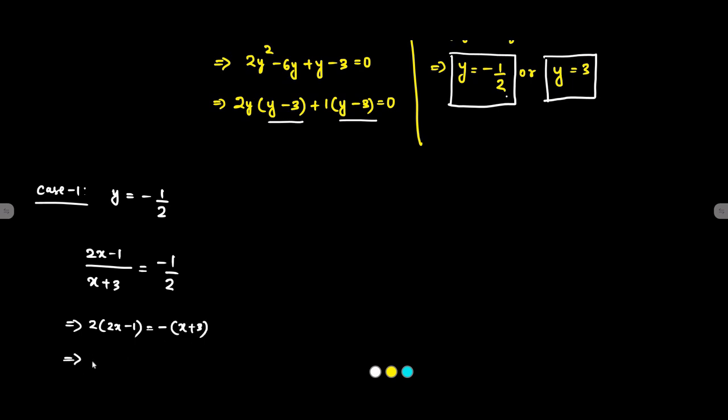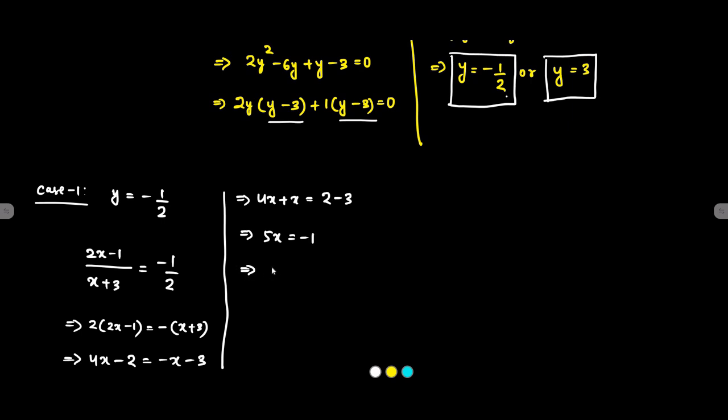That implies 4x minus 2 is equal to minus x minus 3. That implies 4x plus x is equal to 2 minus 3. That implies 5x is equal to minus 1. That implies x is equal to minus 1 by 5. So this is the value of x for y equal to minus 1 by 2.